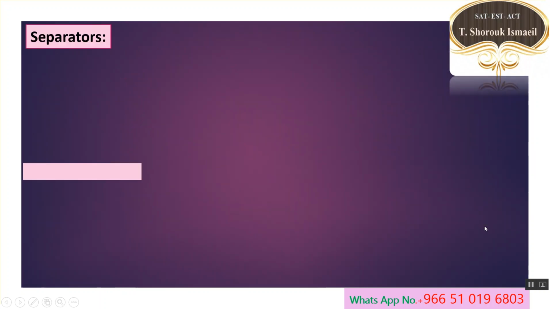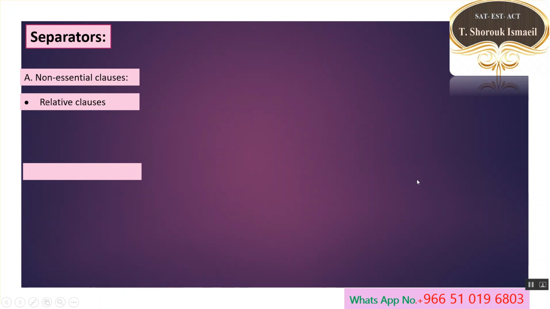Very nice. Let's talk about separators. What are separators here? We do have a lot of separators I can find in a sentence or in a question. The first one is the non-essential clauses. If you need detailed information, you can just watch my previous session. You'll find a detailed explanation for non-essential clauses. What types of non-essential clauses are there? There are actually two.